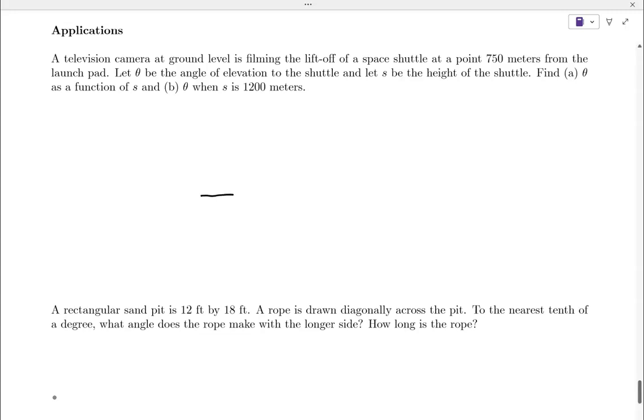So if we draw a picture here, a triangle, let's assume that our triangle is a right triangle. If this is our camera and this is the launch pad over here, what pieces can we label according to what we're given in the problem?